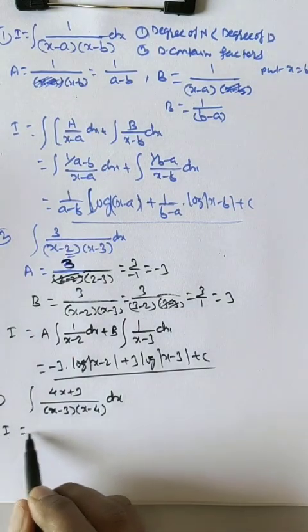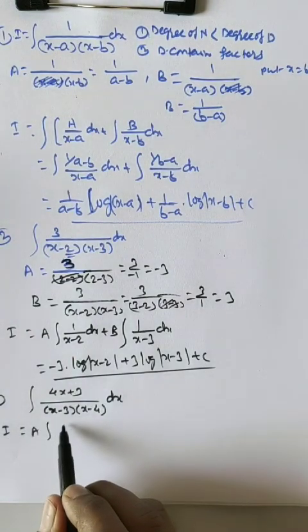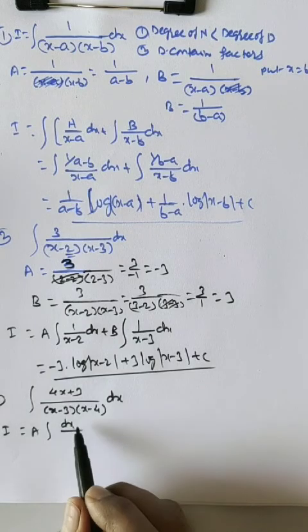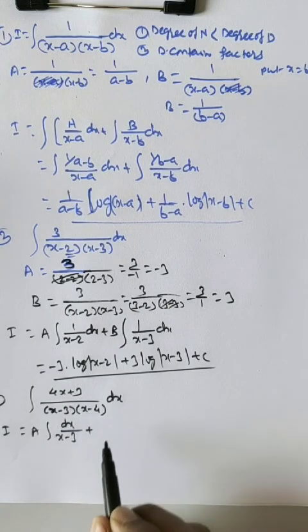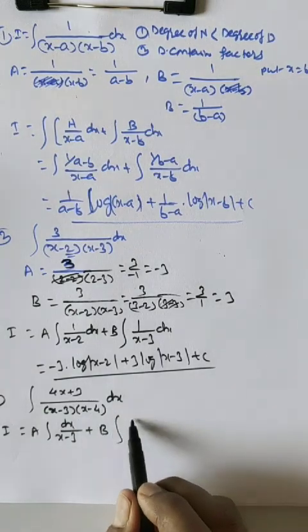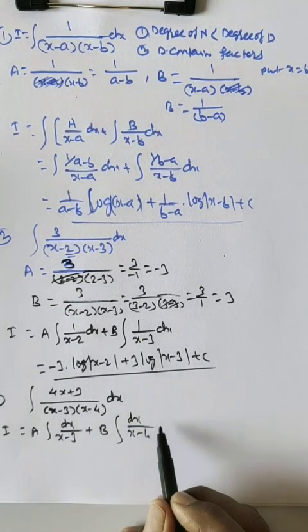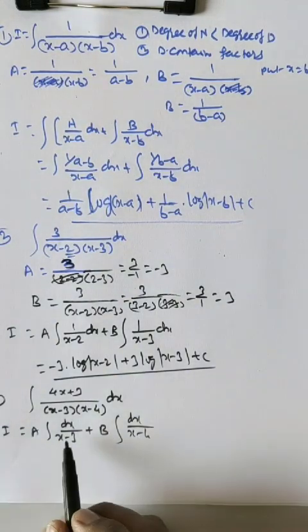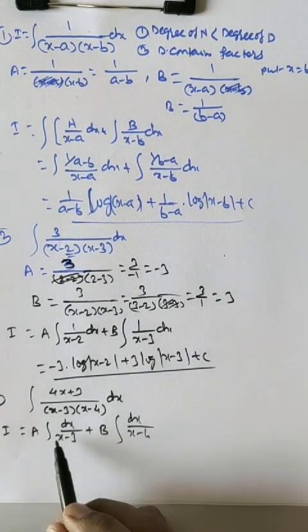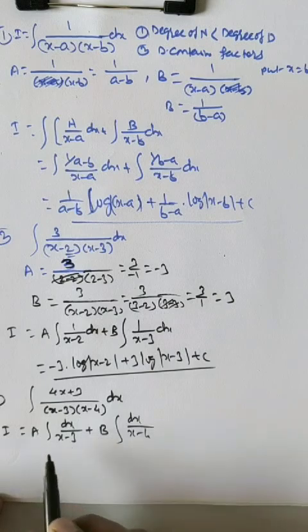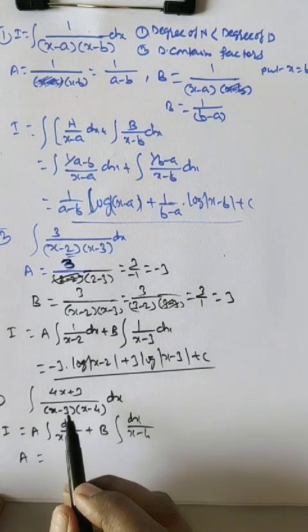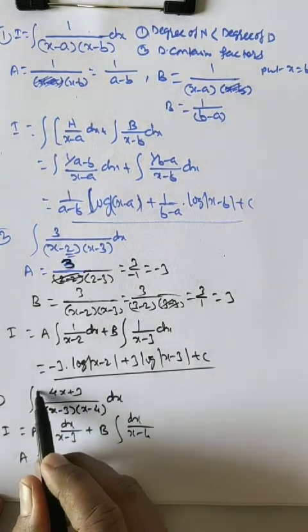The formula is I equal to a into integration of dx upon x minus 3 plus b into integration of dx upon x minus 4. To find a, put x equal to 3 in this integrand.